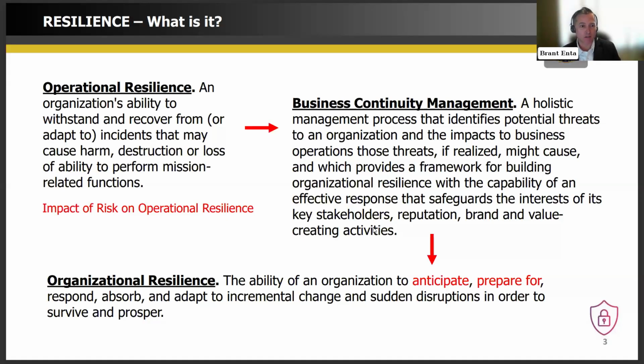So looking at this here, we have operational resilience, and I'm not going to read every slide out verbatim, but this one here, it's an organization's ability to withstand and recover from or adapt to incidents that may cause harm, destruction, or loss of ability to perform mission-related functions. So within here, you'll notice that there's nothing looking prior to an event.